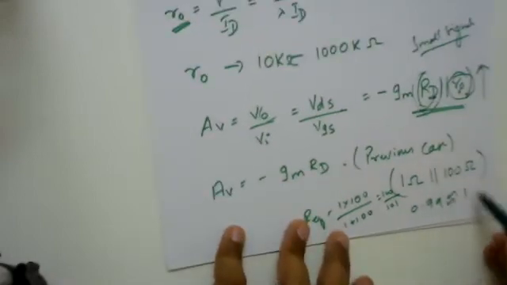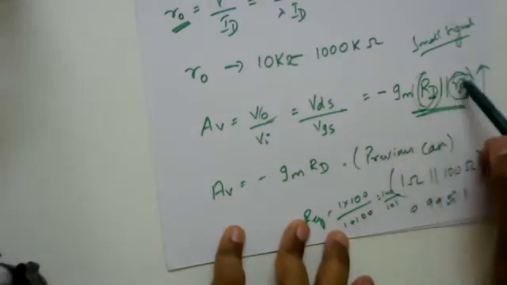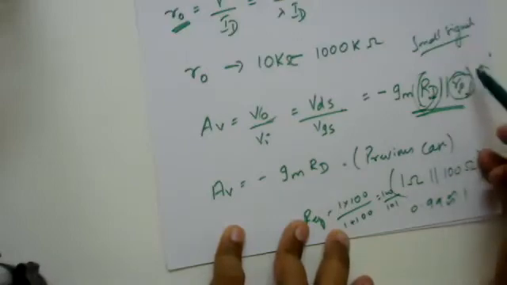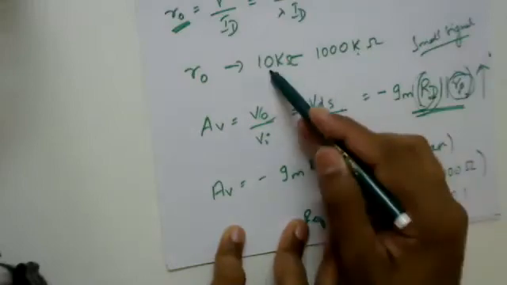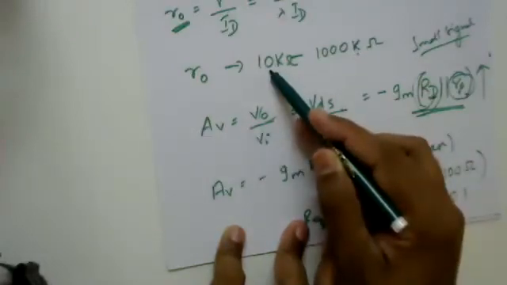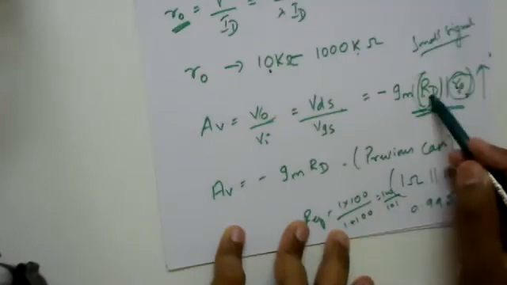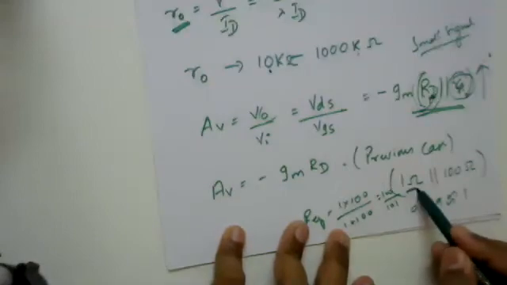I hope you are able to understand it now. So what this expression is saying is, since R0, which was infinite in the previous case, is now taking some value between 10k to 1000k, and your RD value is lesser than that, when I take these two resistors in parallel, no doubt my RD will not be equal to the same value.